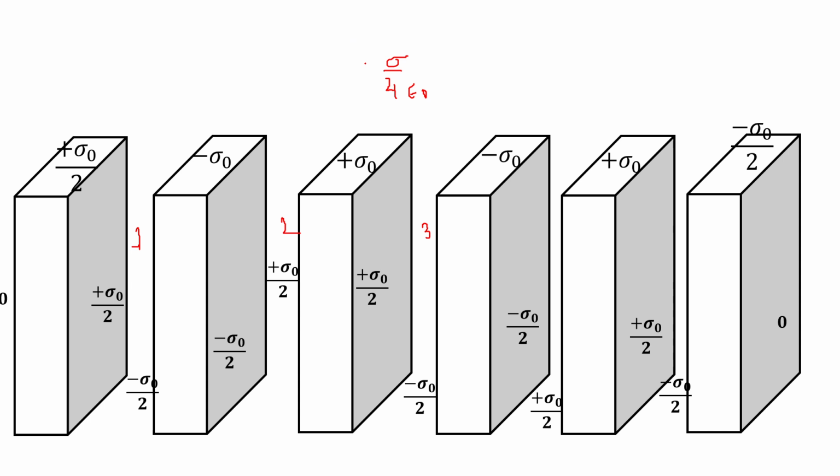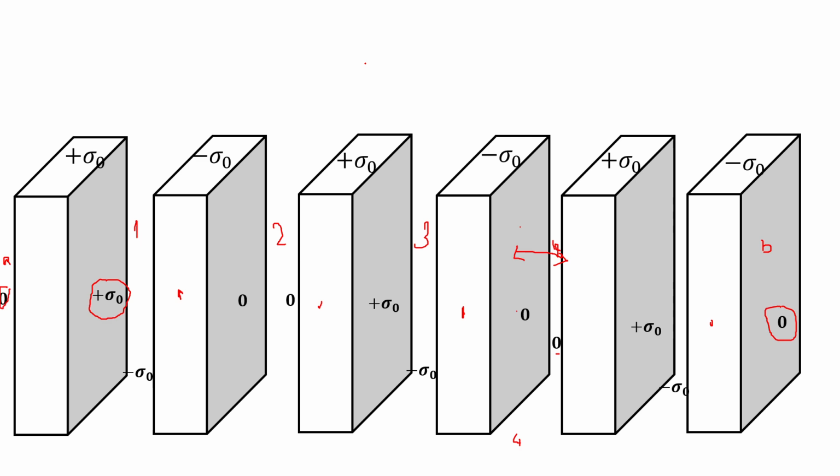Now we have to find the potential difference between the first and last plate in configuration 1. So moving back to configuration 1, this is our configuration 1. The potential difference between plates 1 and 2, or between these two, is sigma by epsilon naught into d, because we have sigma by 2 epsilon naught, and then again sigma by 2 epsilon naught, that will be sigma by epsilon naught.